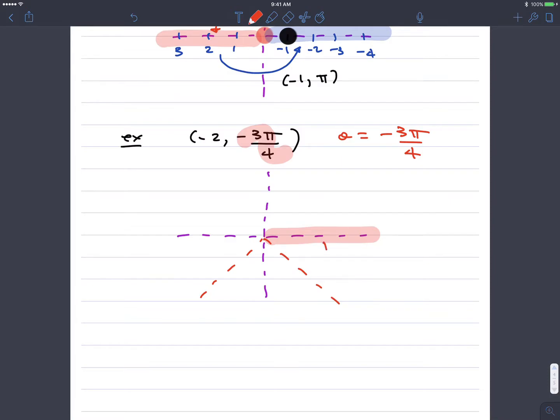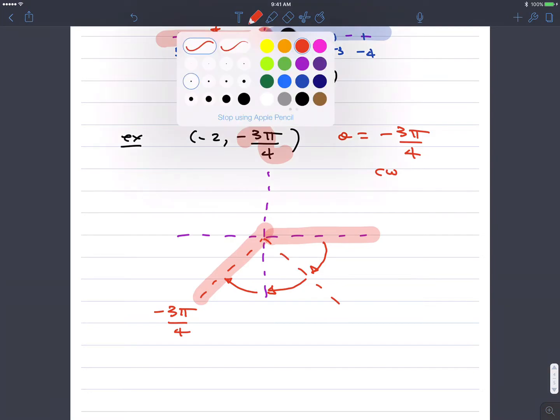We rotated. This is negative 1 pi over 4, negative 2 pi over 4. This is where the angle negative 3 pi over 4 is. It's negative, so we have to rotate this clockwise. Here you go. It's like rotating that polar axis negative 3 pi over 4.